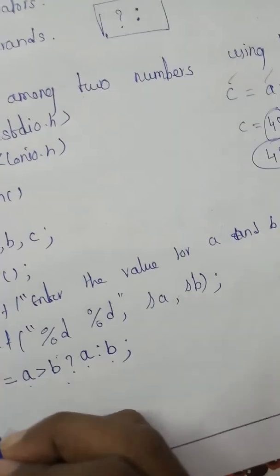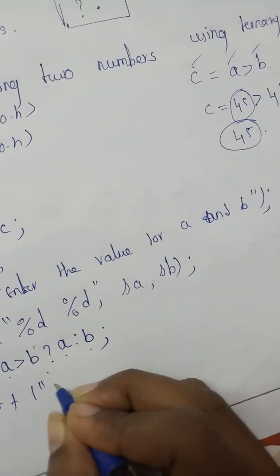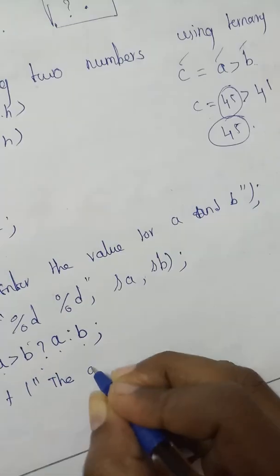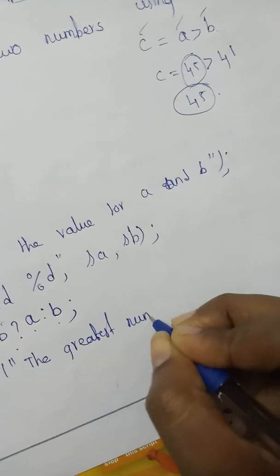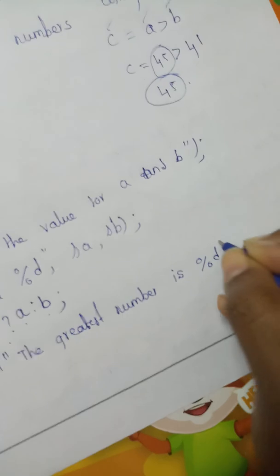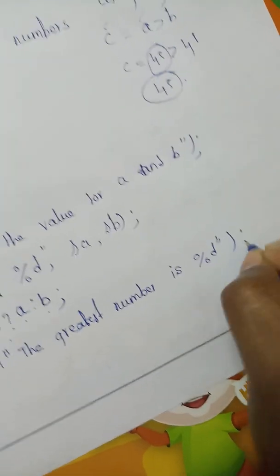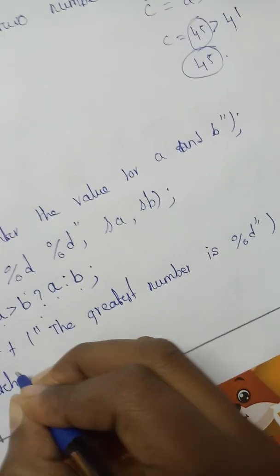And then the last one is printf, the greatest number is %d. And then closing the bracket, then getch.